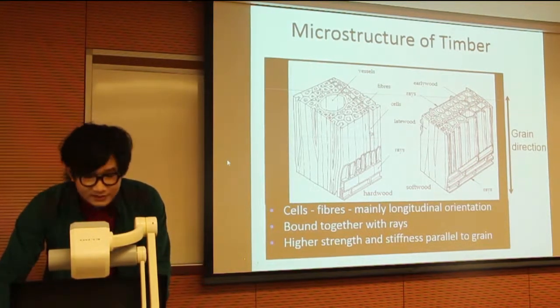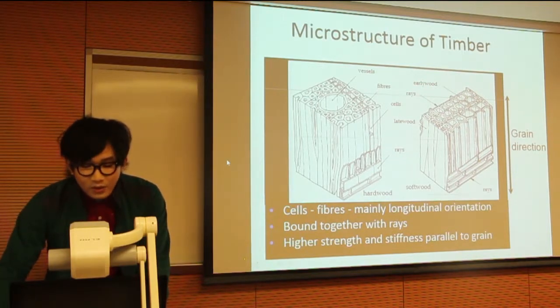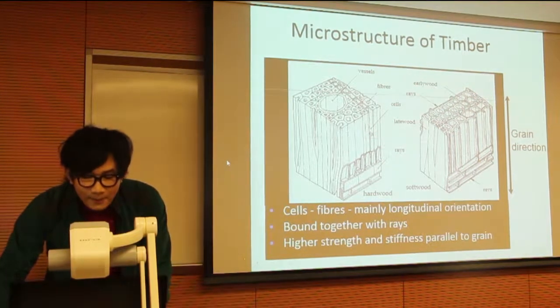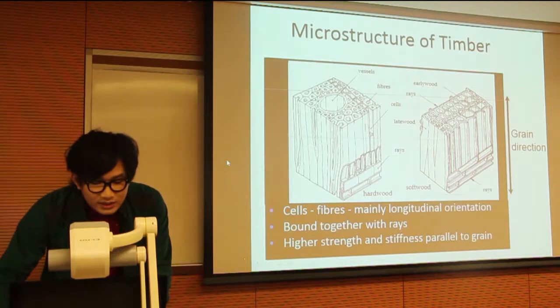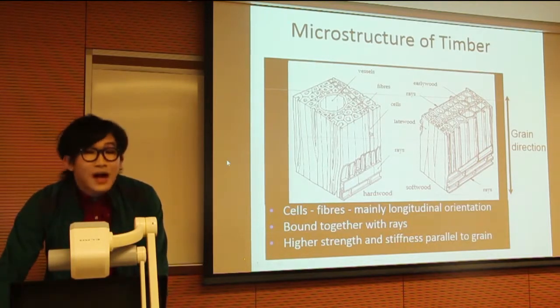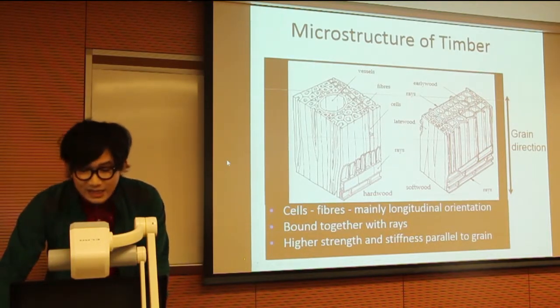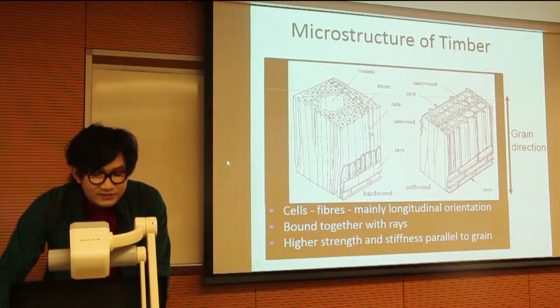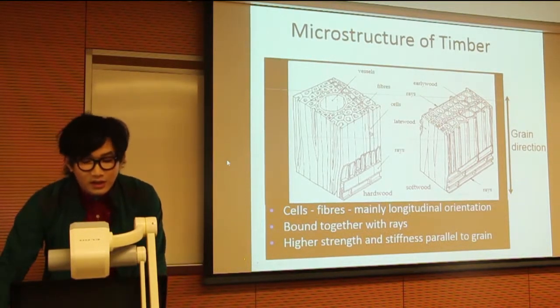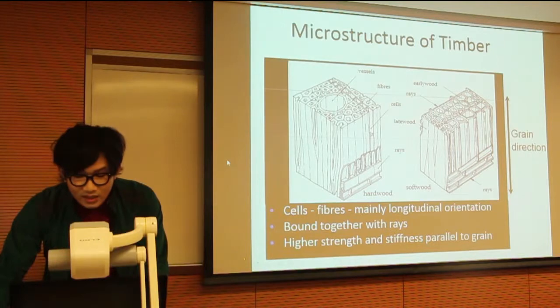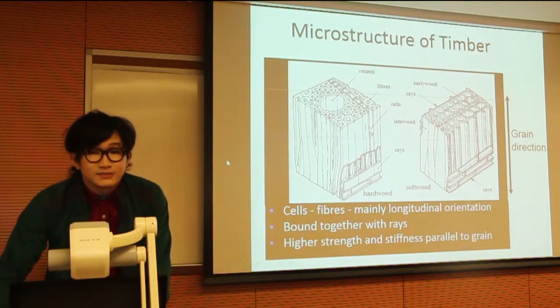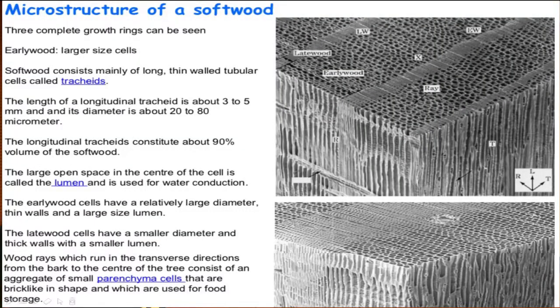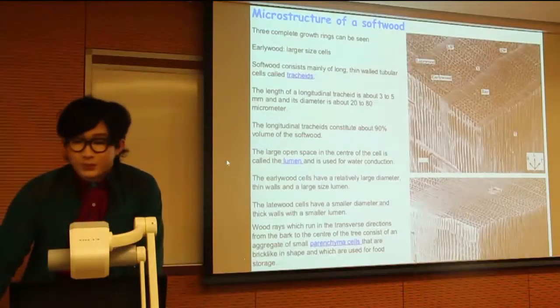The individual cells are stuck together rather weakly, but parcels of longitudinal cells are bound together with a few cells that run transverse to the longitudinal axis of the wood. These are called rays. So in this slide, you can see the microstructure of a softwood.